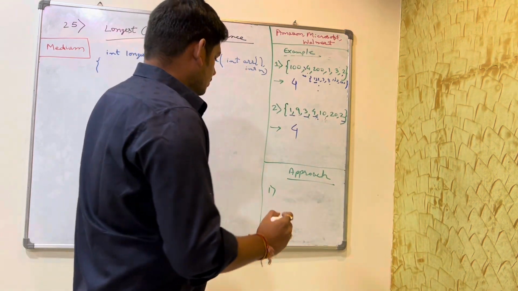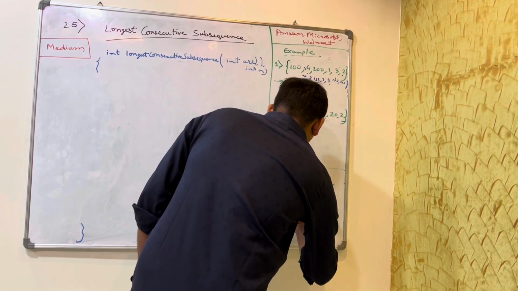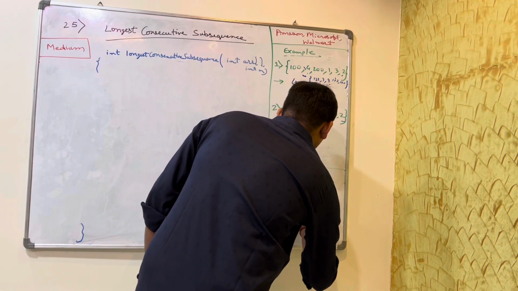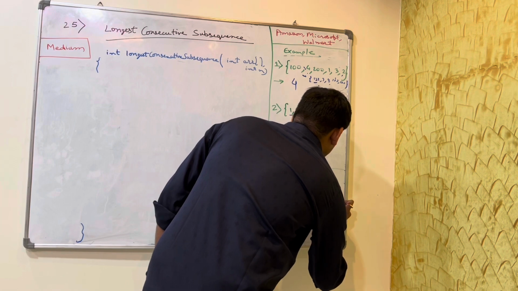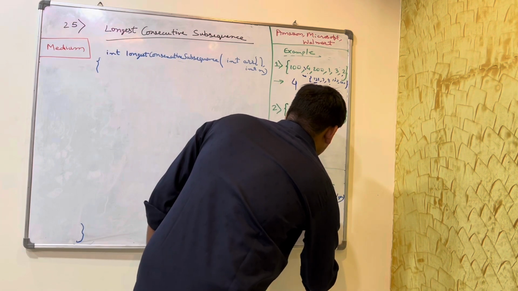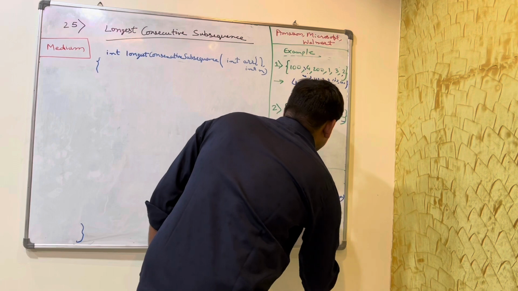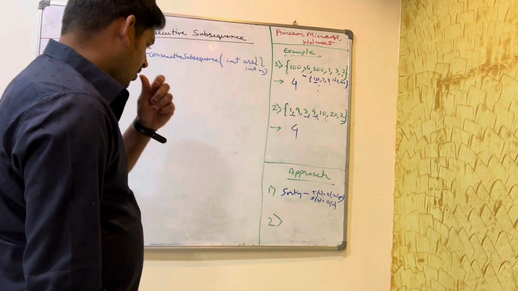That's very simple. So one approach is sorting, with time complexity order of n log n and space complexity order of n. Can we optimize this?